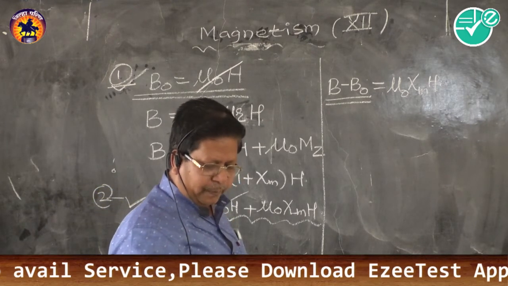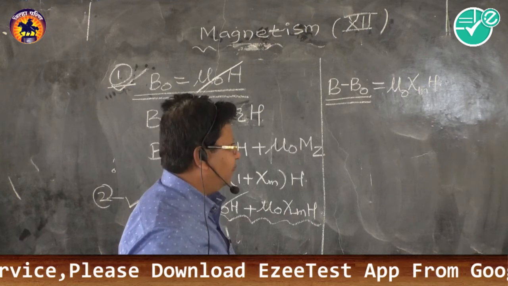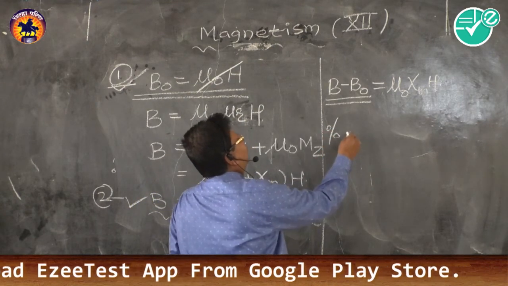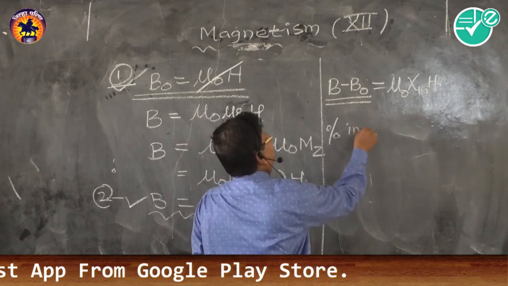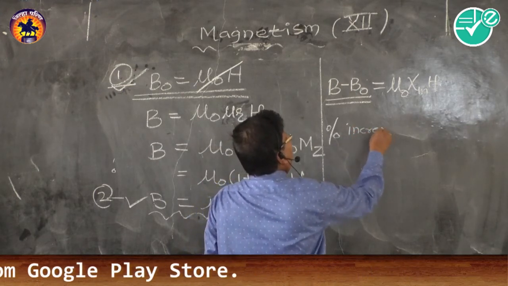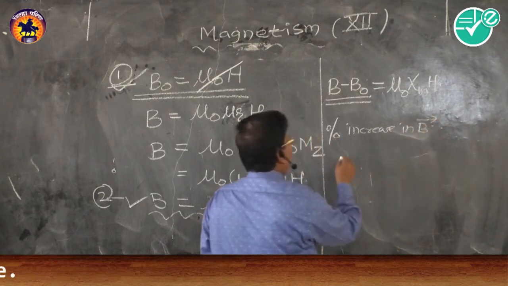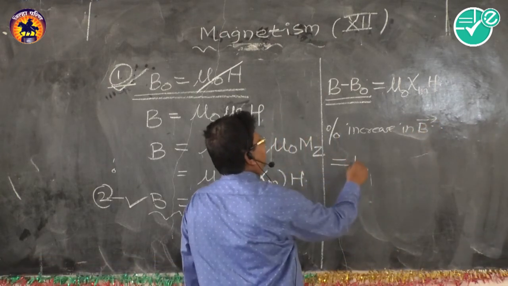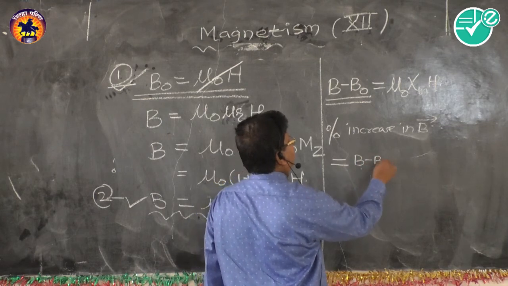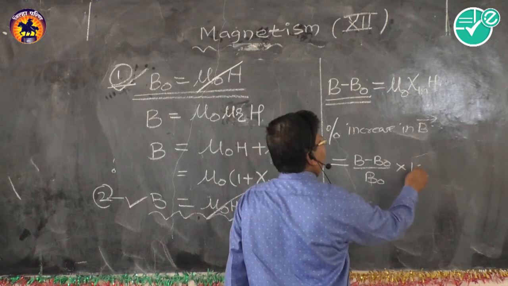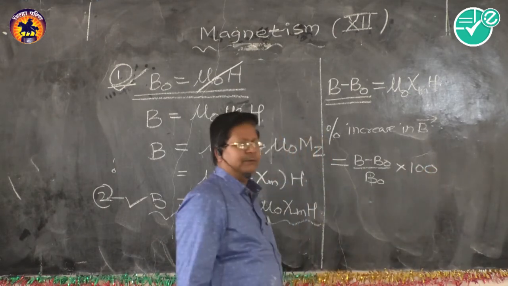Now the percentage increase in magnetic field is given by B minus B0 divided by B0 multiplied by 100.